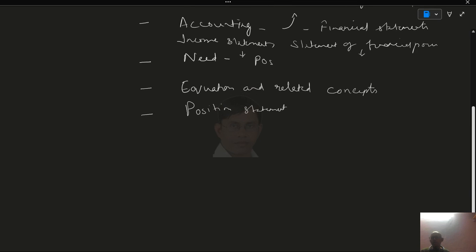So basically, what is the accounting equation? The accounting equation says assets is equal to liabilities plus owner's equity.